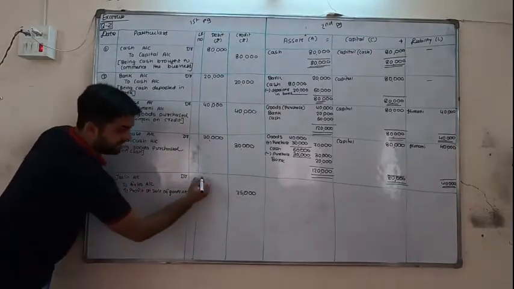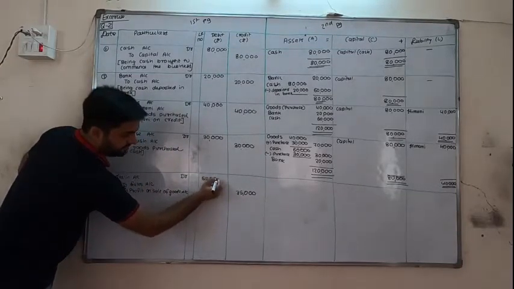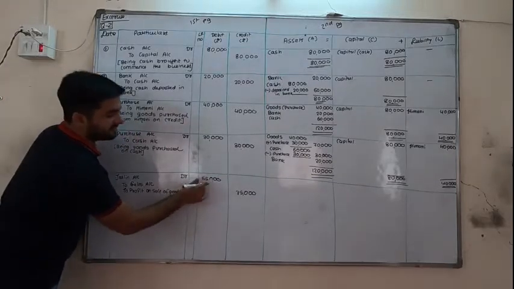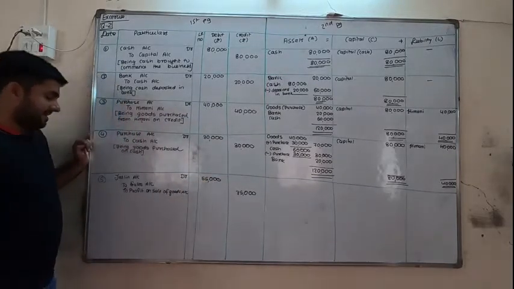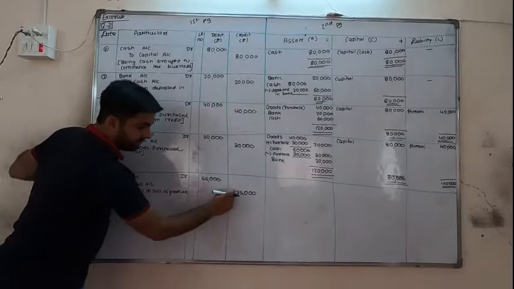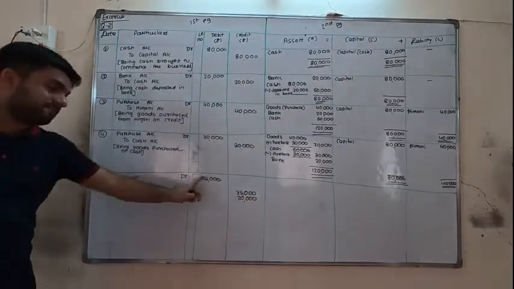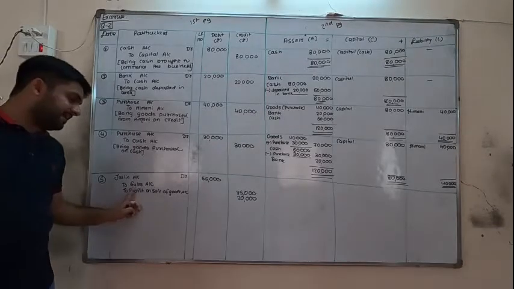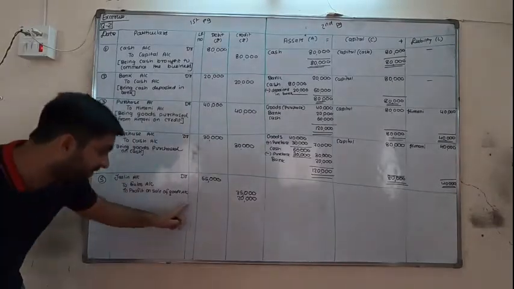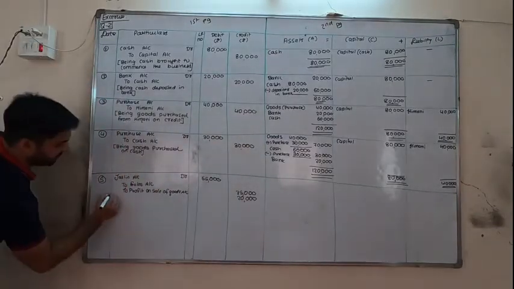Jocelyn is getting for this 55,000, so debit Jocelyn with 55,000. And the remaining is the profit. So 55 minus 35, 20,000 is our profit. So on the debit side of Jocelyn 55, credit side of sales 35 and profit 20,000.